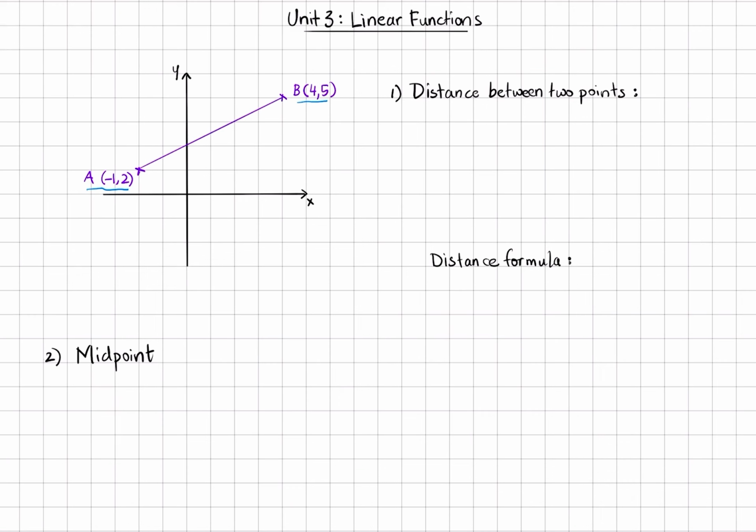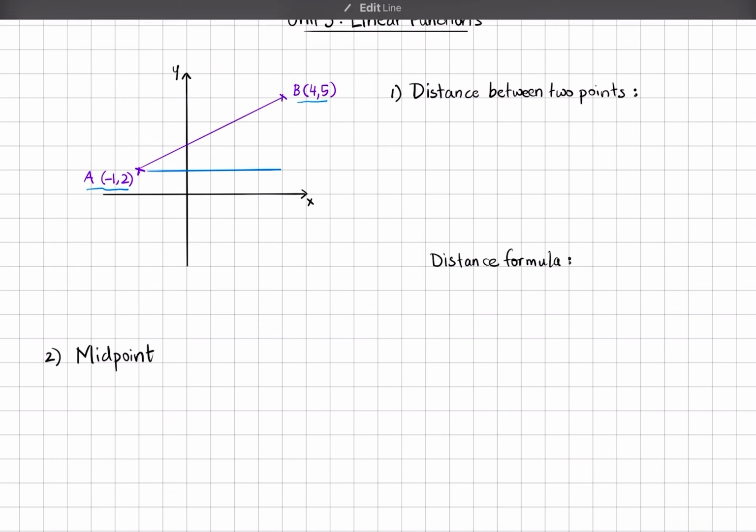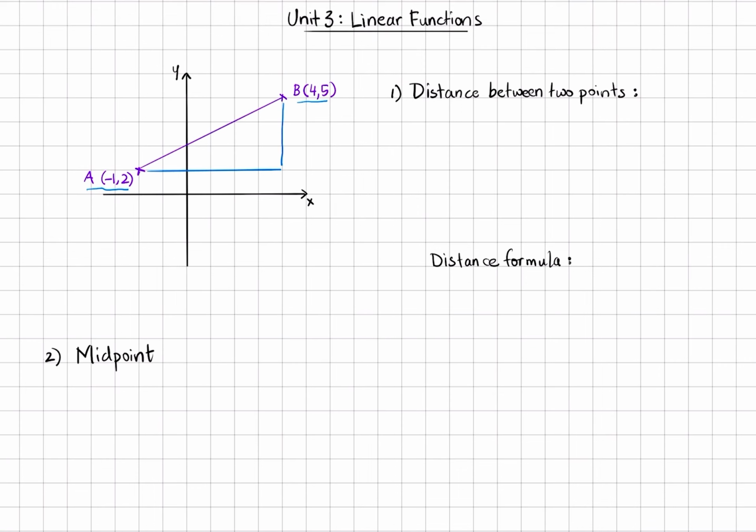Okay, so how about we just make a triangle with the line that we have right now. Okay, and we'll make a right angle triangle. So, which means I'll just draw a line here, and then a line here.